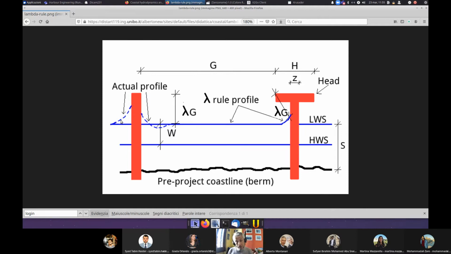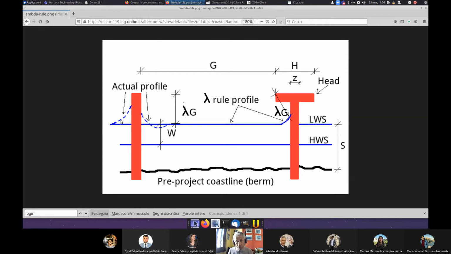And the second feature that I want to show you: look at the right groin, which is T-shaped. Lambda G is measured from the extreme end of the T, which means that according to the lambda rule, you bring the low water shoreline more seaward if you adopt a T shape, okay? Because lambda G is measured from the extreme end of the head, as you look in the figure.